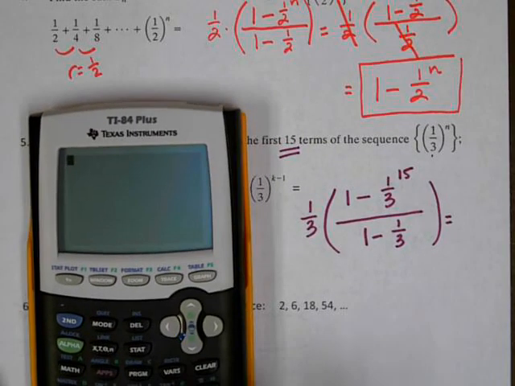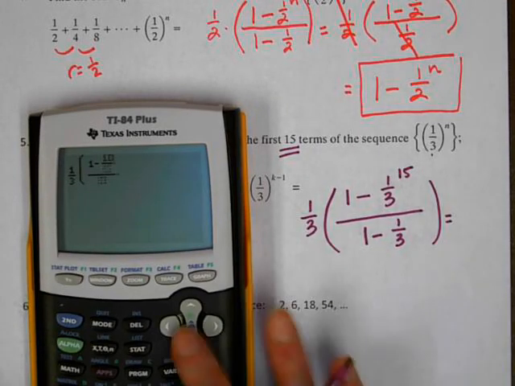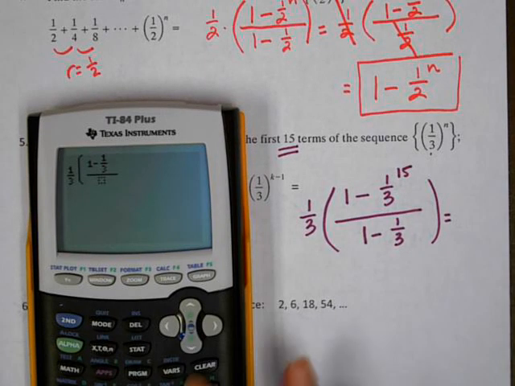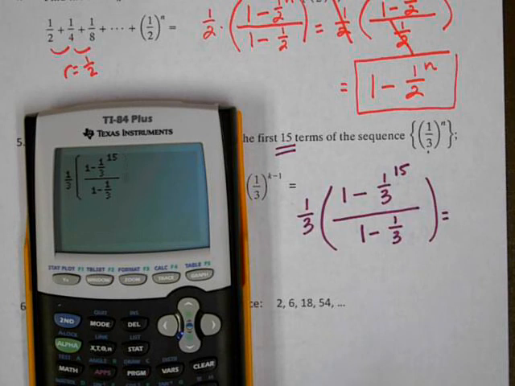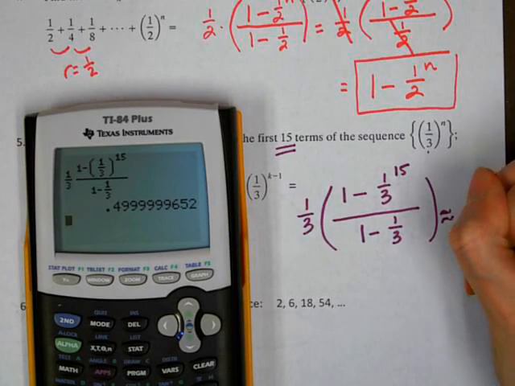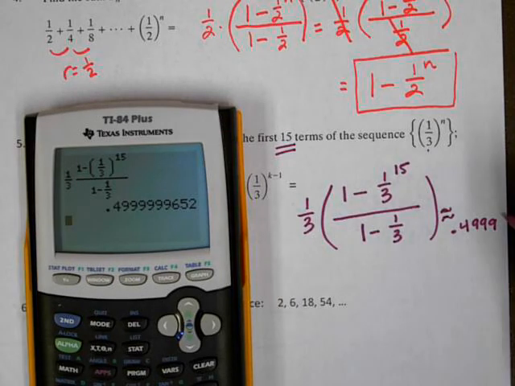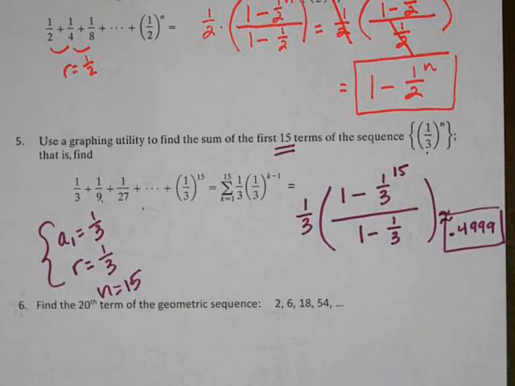So let's make a fraction of 1/3 times another fraction, 1 minus 1/3 to the 15th power, and in the denominator, 1 minus the fraction 1/3. Just be careful when you type it in. For that one, we get about 0.4999, and you could keep going if you want, but I'm going to stop here because I'm out of room. Cool. That would be the sum.